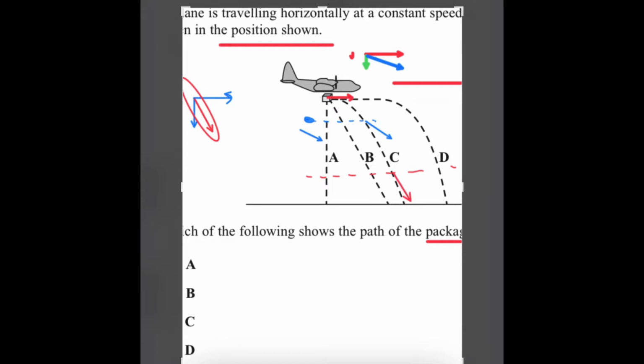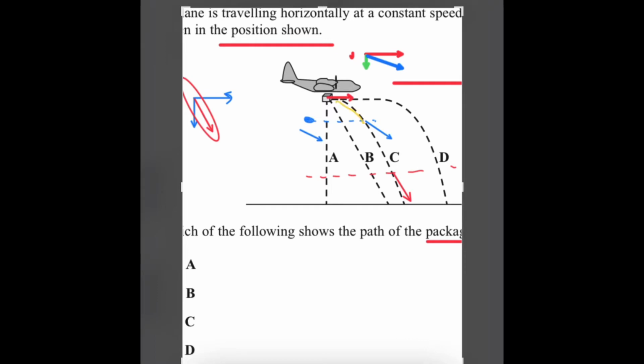So we can clearly say that C is the answer, since initially there is no vertical component, there is only a horizontal component. The resultant velocity is only acting in the horizontal direction, and after a certain time the resultant starts to change its direction and starts to move downwards.